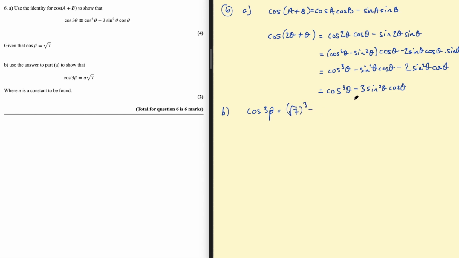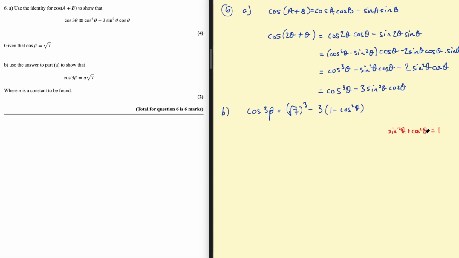And then we have sine squared theta we need to change into cosine somehow. So we can say sine squared theta is 1 take cosine squared theta. So there I'm using the fact that sine squared theta plus cosine squared theta equals 1.